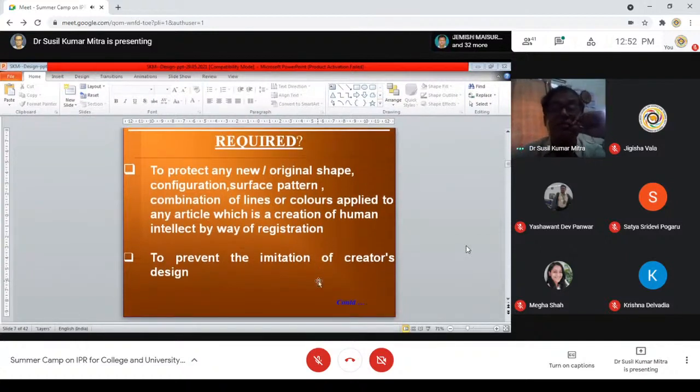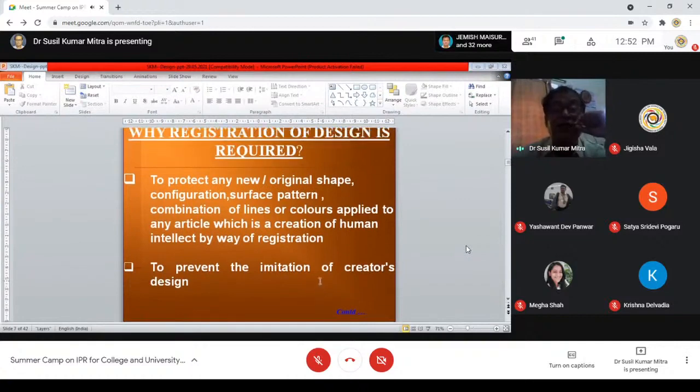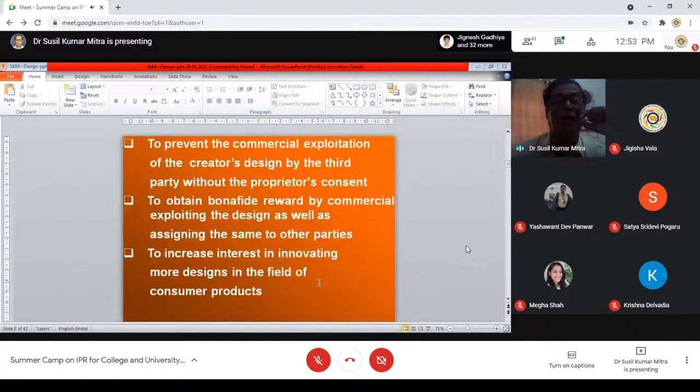So registration is a must, and the requirement is to protect any new original shape, configuration, surface pattern, combination of lines. It is very essential, because everything is your feature, and that feature you are applying to the market article.